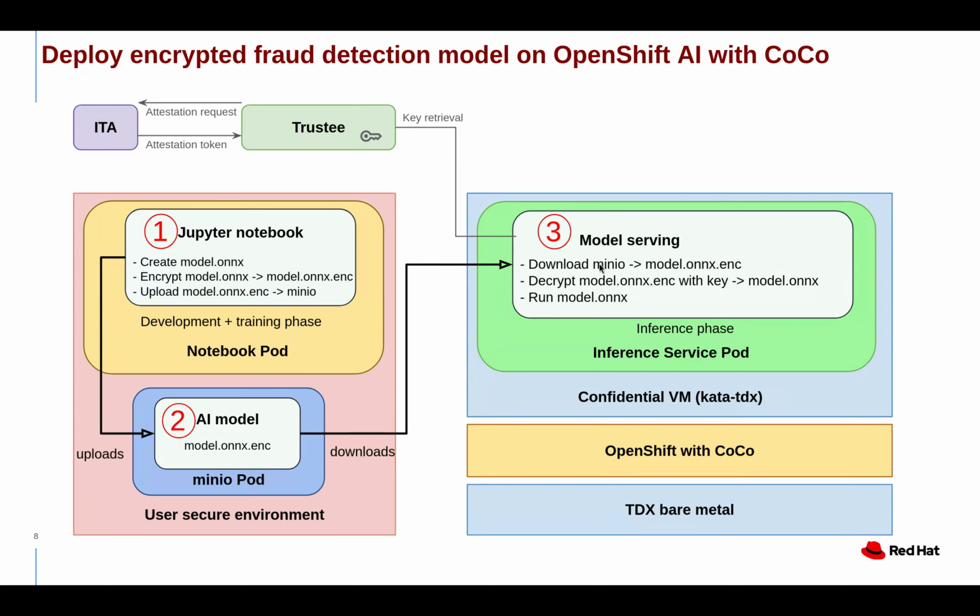So with CoCo, it will retrieve the key from the Trustee, and in our demo, we are using the ITA as attestation service to release the attestation token, and the Trustee releases the key to the pod, and the encrypted AI model can be decrypted, and then it would be able to run. This is with the kata-tdx CoCo pod.